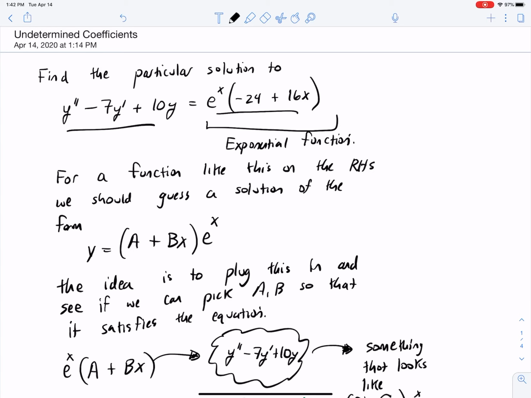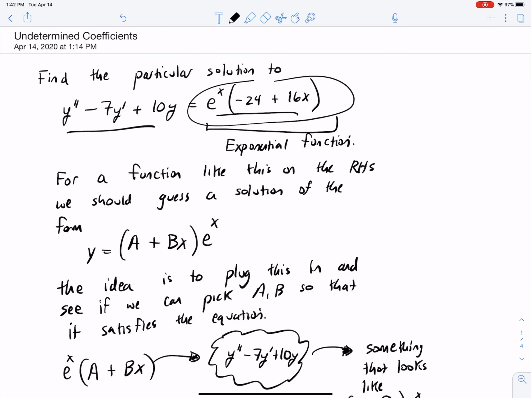If this right-hand side was 0, then we could solve that using the characteristic polynomial and generate that solution fairly easily. The method of undetermined coefficients, of course, is to allow us to solve inhomogeneous problems, where we do have something on this right-hand side.